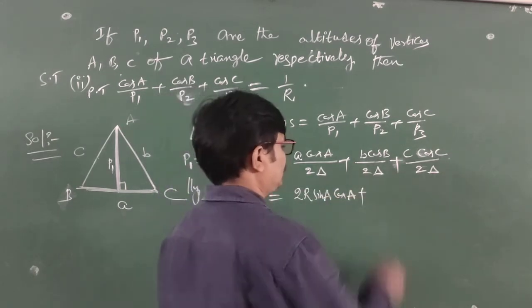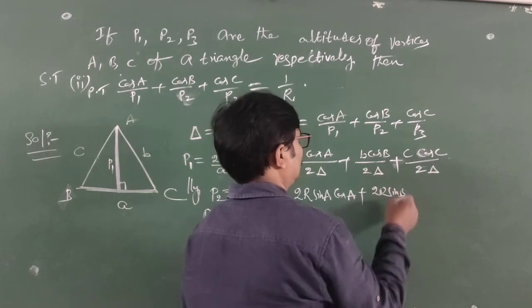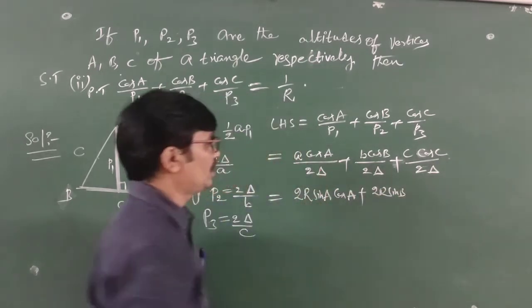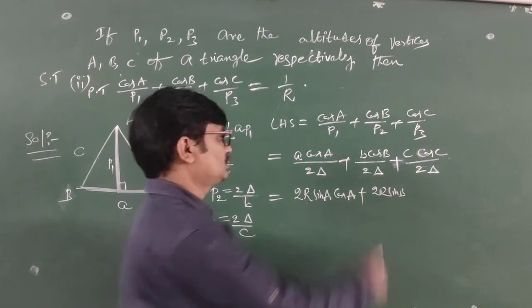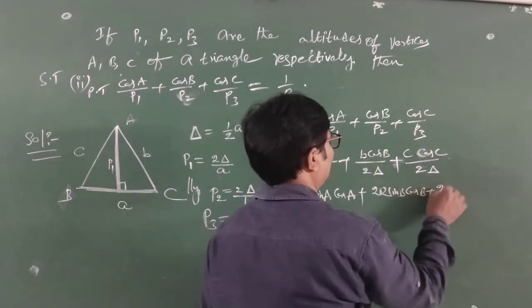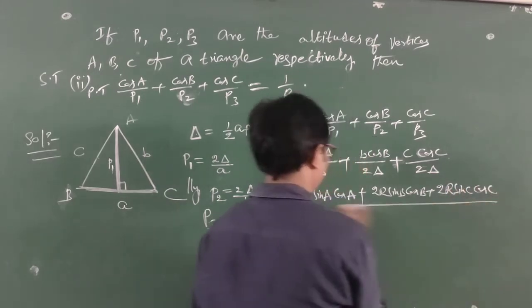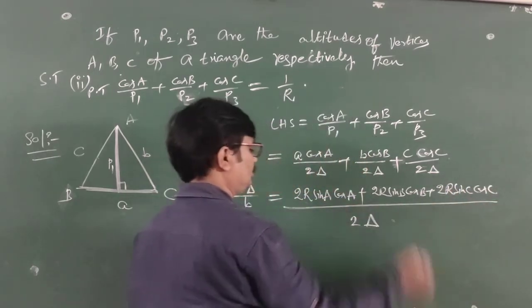After that small b is 2r sin b cos b, and 2r sin c cos c, upon the LCM 2 delta.